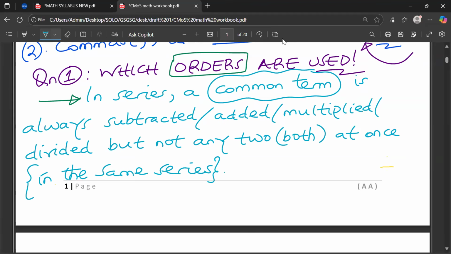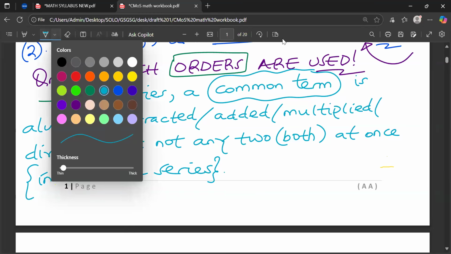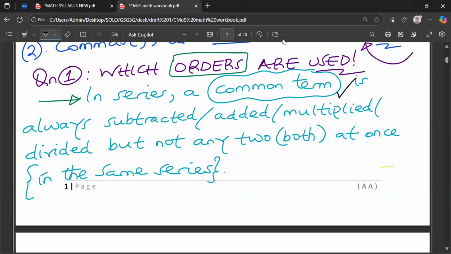So I want you people to learn that we never and never, provided we are dealing with a common term. That's what we call a series. Provided it is a common term.